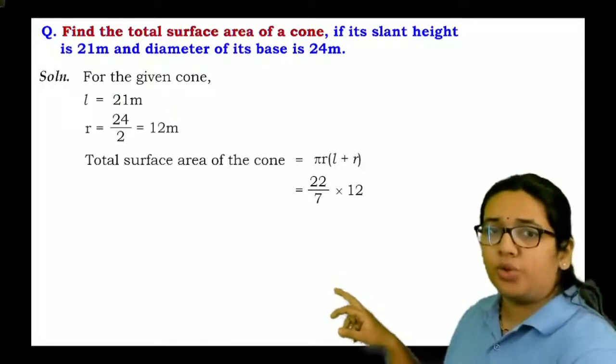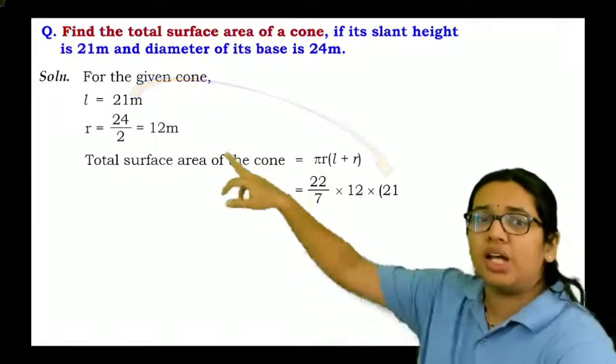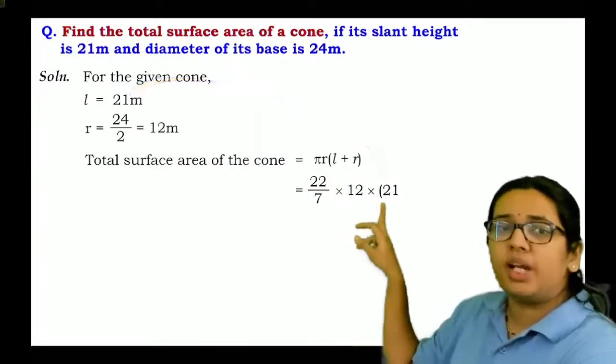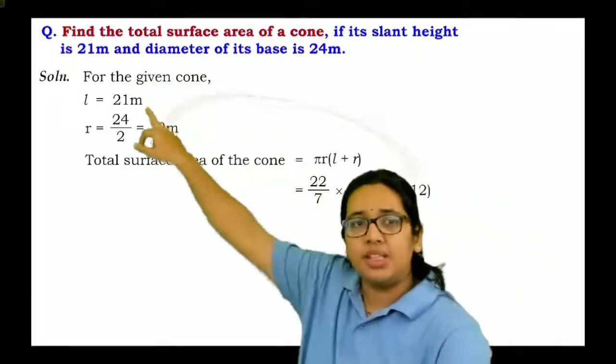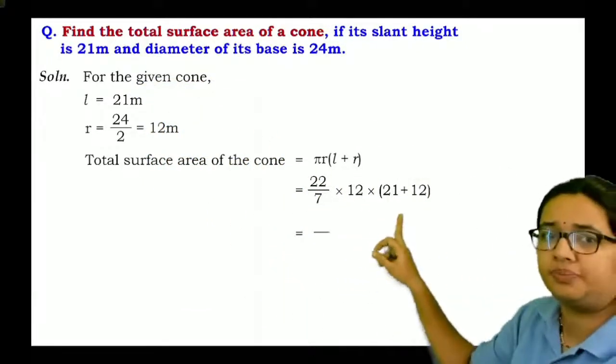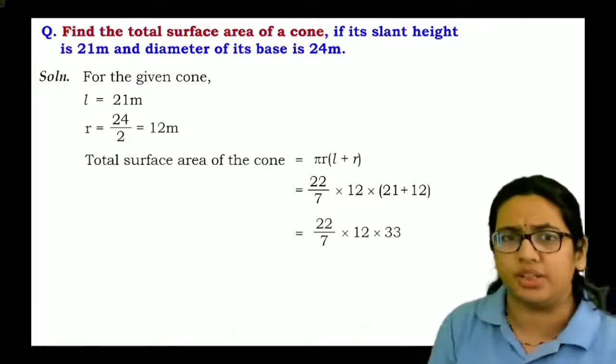So 22 upon 7 into 12 into (L plus r), that is 21 plus 12. I think you can calculate, right?